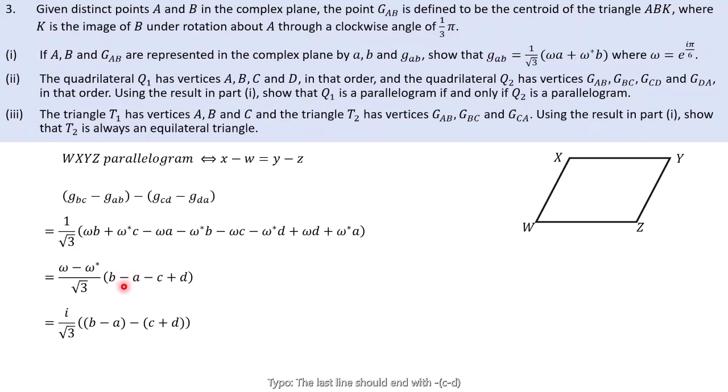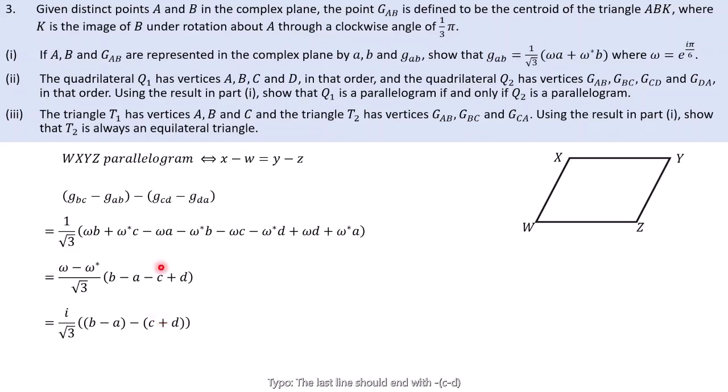And this thing here can be written in this form. Oh, I'm sorry, this should be a minus. Apologies. So it's B minus A minus bracket of C minus D. And then we realize, what is this thing? This thing is the equivalent condition: it equals 0 if and only if ABCD is a parallelogram.